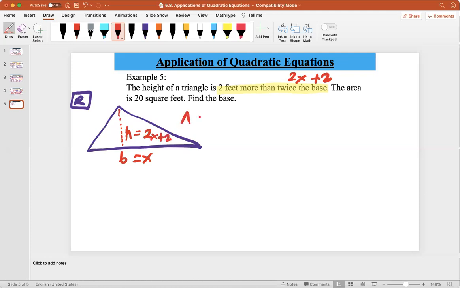Remember, we have an area that is equal to 20 square feet. Your equation is based on our formula. If you remember the formula for the area of a triangle, it is base times height over 2 equals your area. Let's plug in.